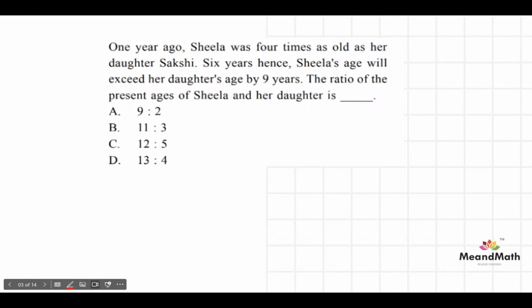Say for example, if we take Sheila's age to be X and her daughter's age to be Y. Can we write this information in the table?